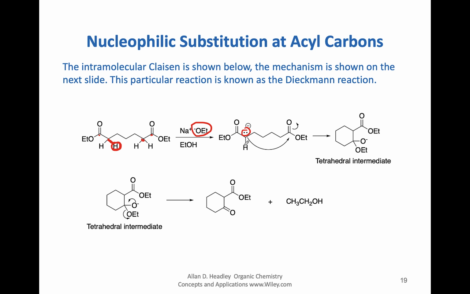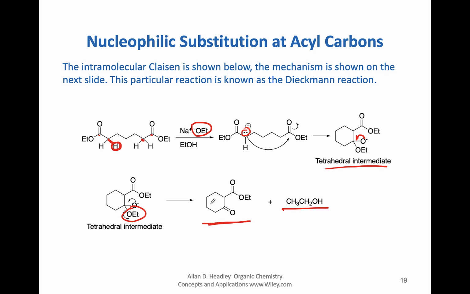That's nucleophilic. So it can do an intramolecular reaction here to give this as a tetrahedral intermediate. These electrons can come back in as shown here, and this leaves as our ethanol to give this as the product.